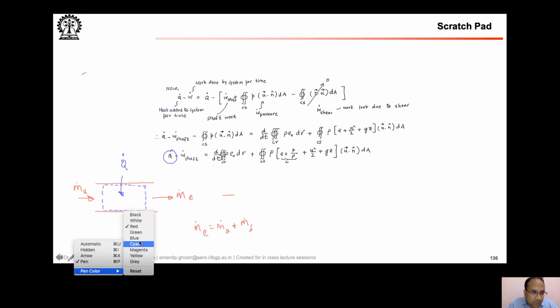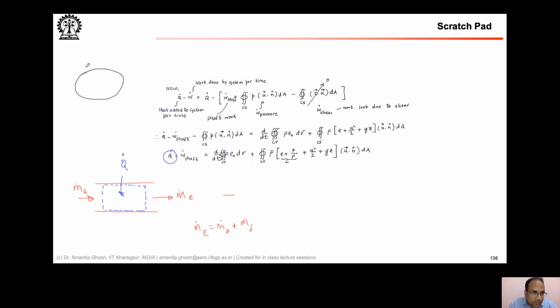Let us choose the colors properly. We said that your control system and your control volume coincide at time t. So control volume and system coincided at time t.